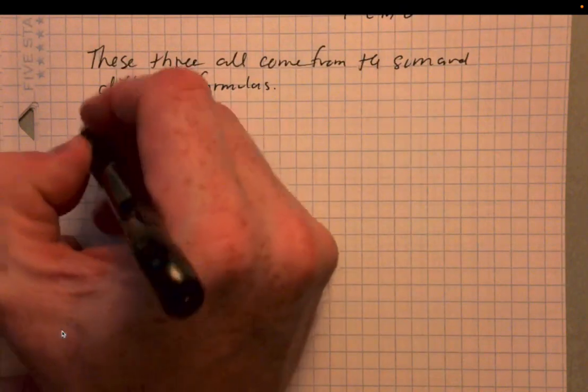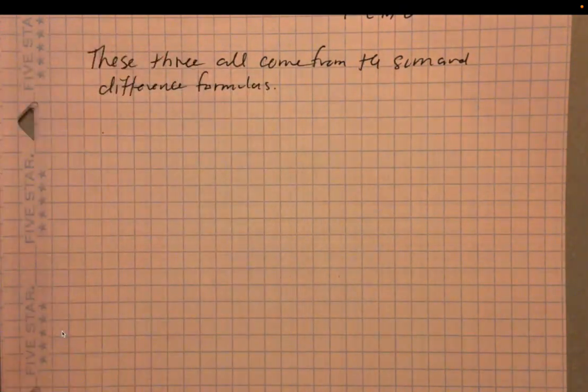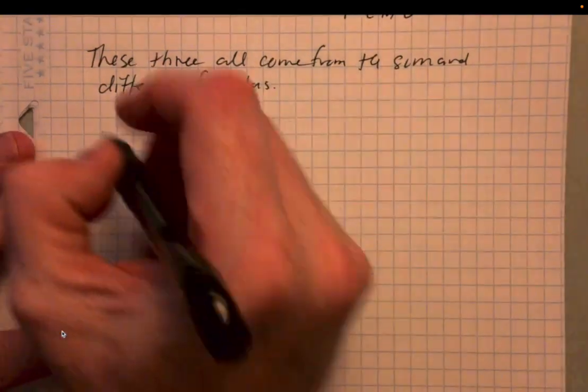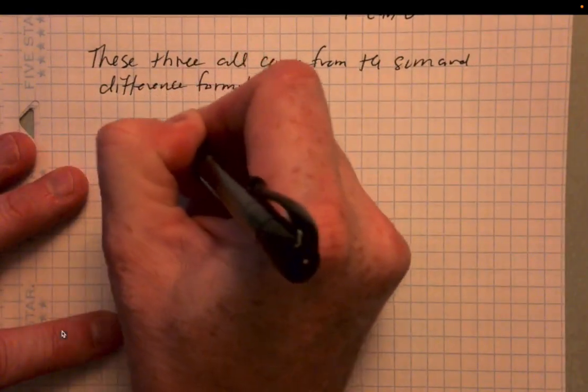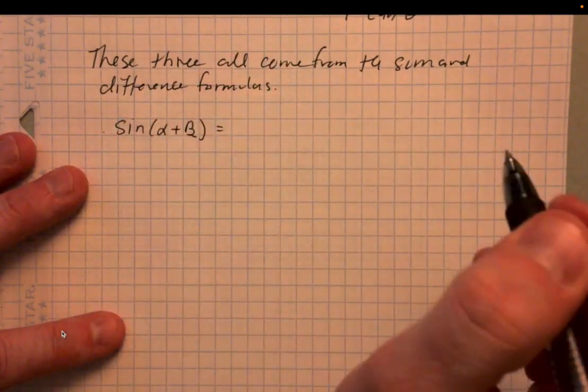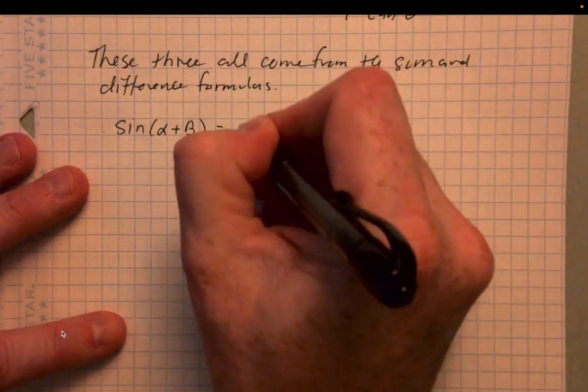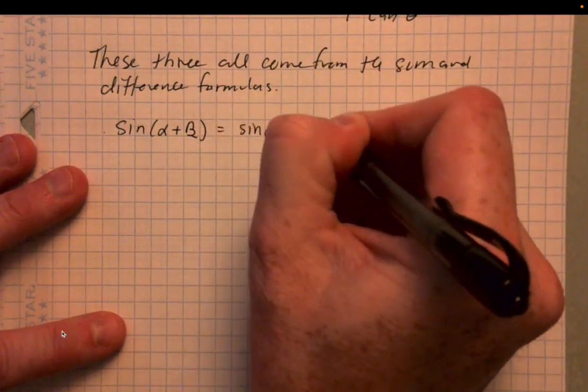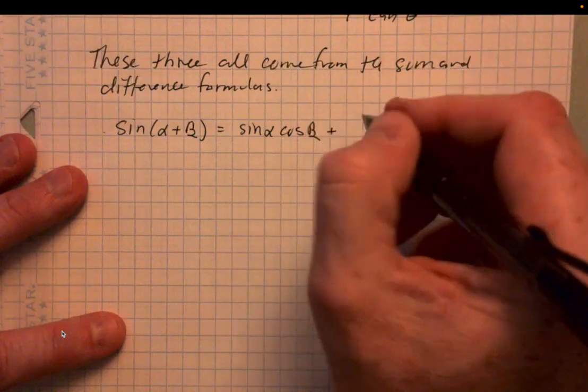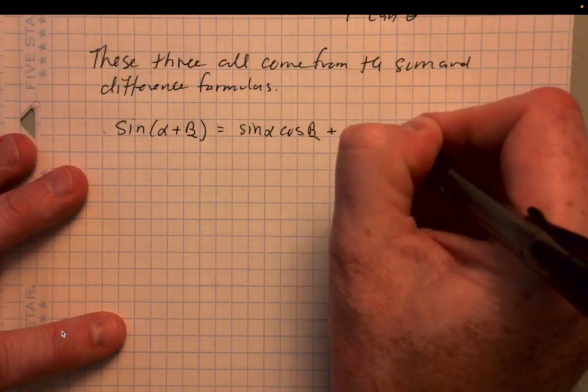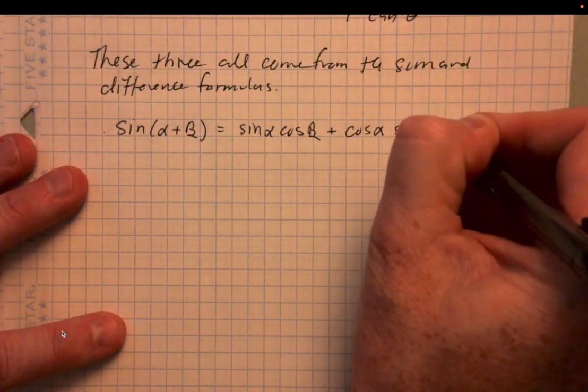First of all, let's remember what the sum formula is for the sine. The sine of alpha plus beta is sine alpha cos beta plus cos alpha sine beta.